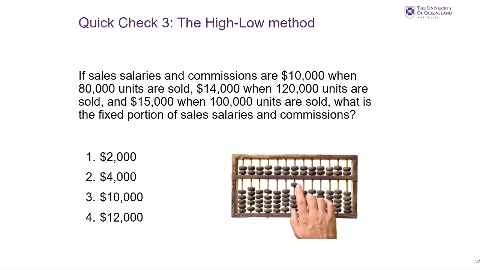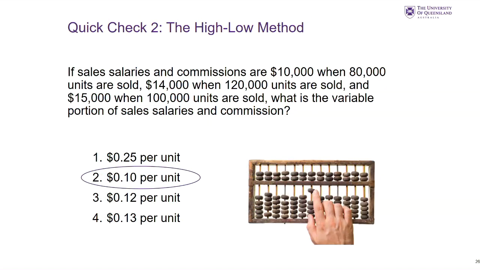No, you don't extrapolate outside the bounds, it's within. So if we've worked out that y equals a plus bx and b is 0.1, we just use the numbers that we have.